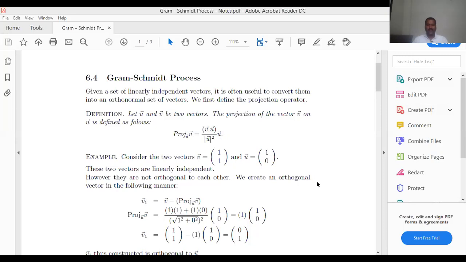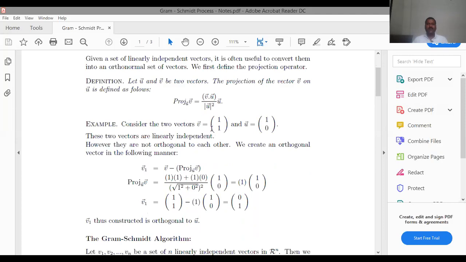Here is a small example. Let v bar be (1, 1) and u bar be (1, 0). Its component, I call it v1 bar. We are going to project v bar on the space spanned by u bar. v1 bar equals v bar minus the projection of v bar on u bar.